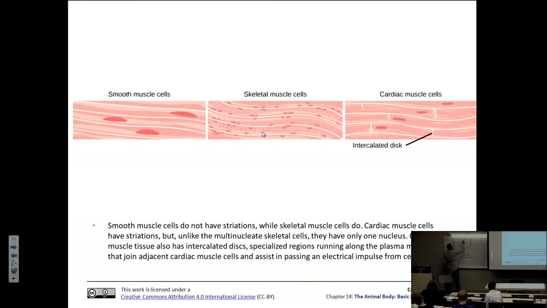So here is a molecule that's got little, almost like fish hook, kind of like hockey stick projections off of it, and this is called myosin, called the thick filament. Okay.